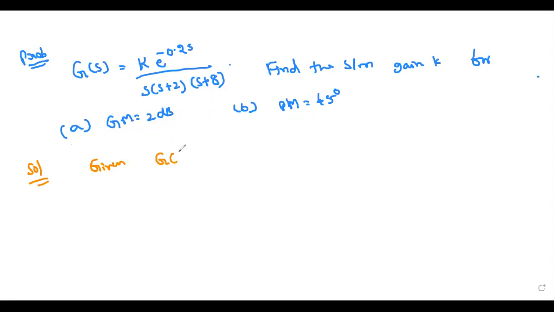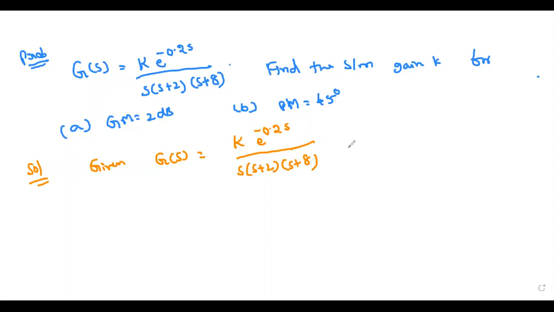So we'll write first the given open loop transfer function G of s, that is k into e power minus 0.2 s divided by s into s plus 2 into s plus 8. Then what should I do as the first step?